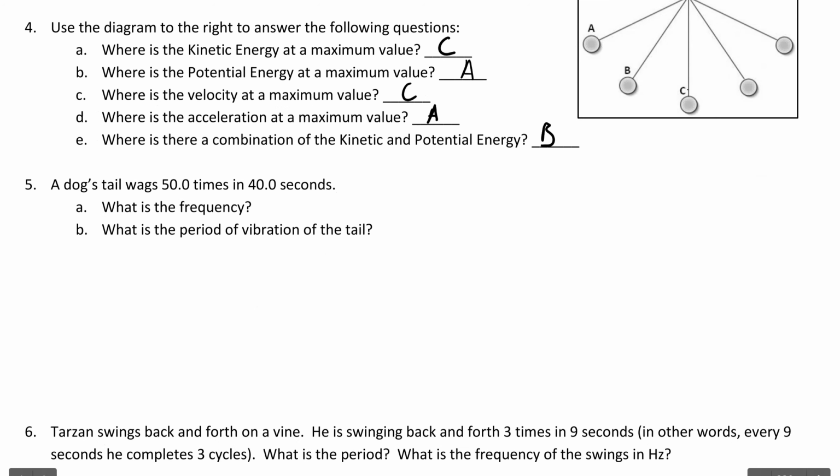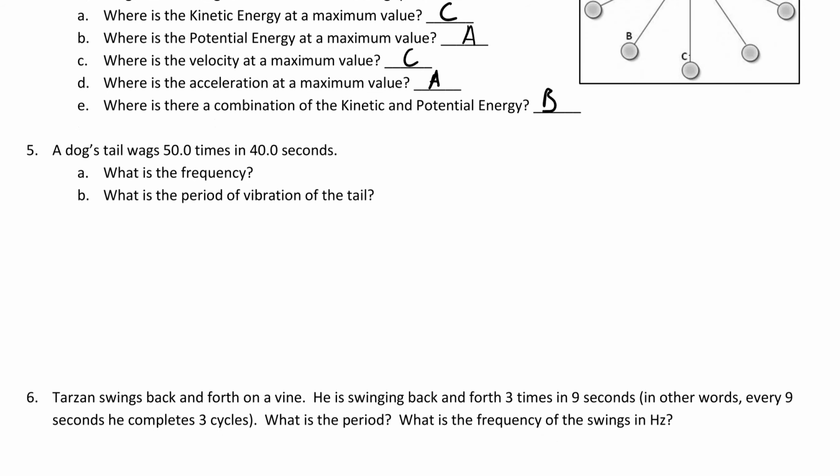Okay, so number 5, a dog's tail wags 50 times in 40 seconds. What's the frequency, and then what's the period? So if we were going to do the GUESS method, what information are they telling us? They're telling us a time of 40 seconds, and we could say the number of cycles is 50 cycles. Okay, and they're asking what is the frequency.